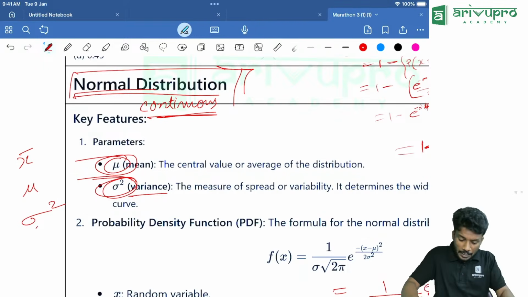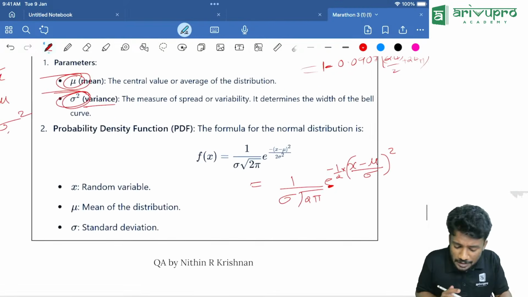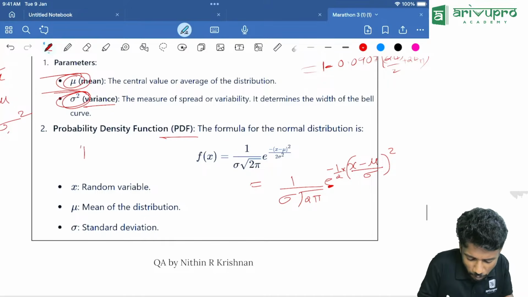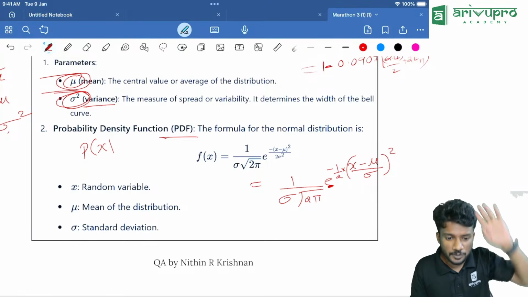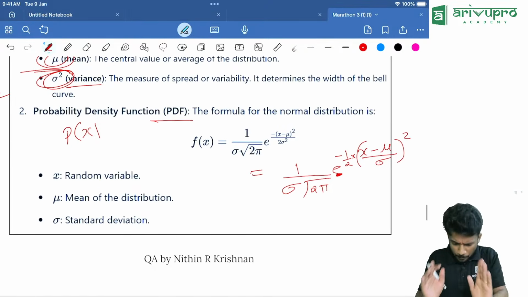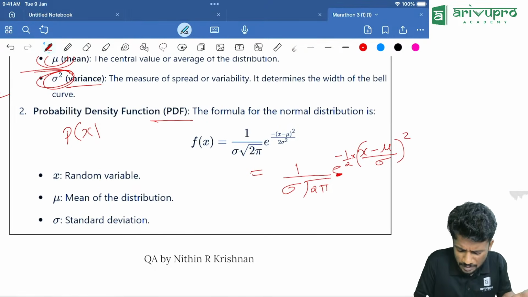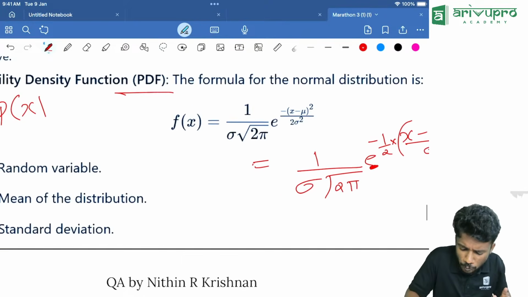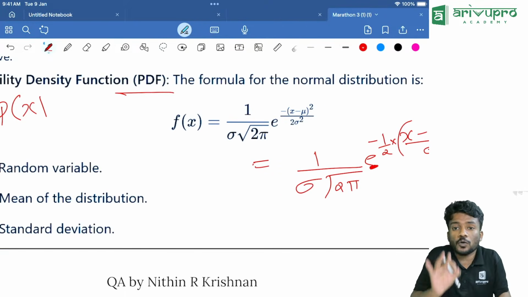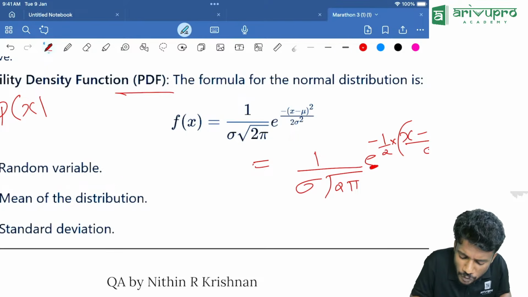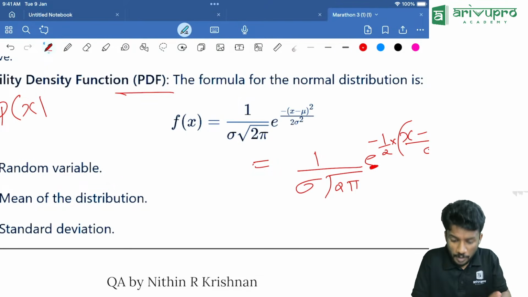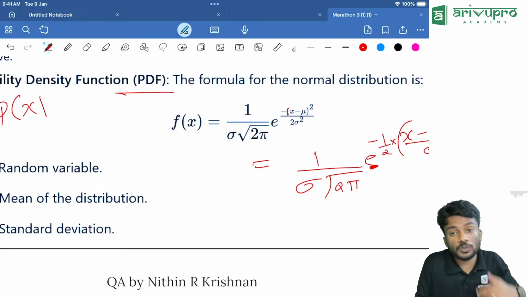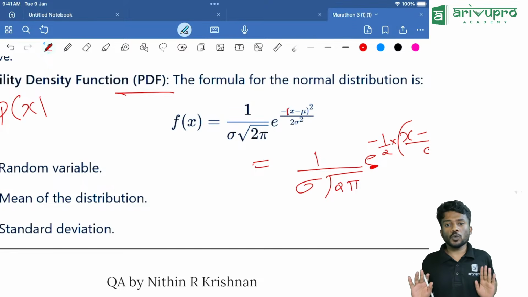Next, the probability density function. We have a p of x function just like we had in binomial as well as Poisson. The probability density function is written as f of x or p of x equals 1 by sigma root of 2 pi, e raised to minus (x minus mu) the whole square divided by 2 sigma square.